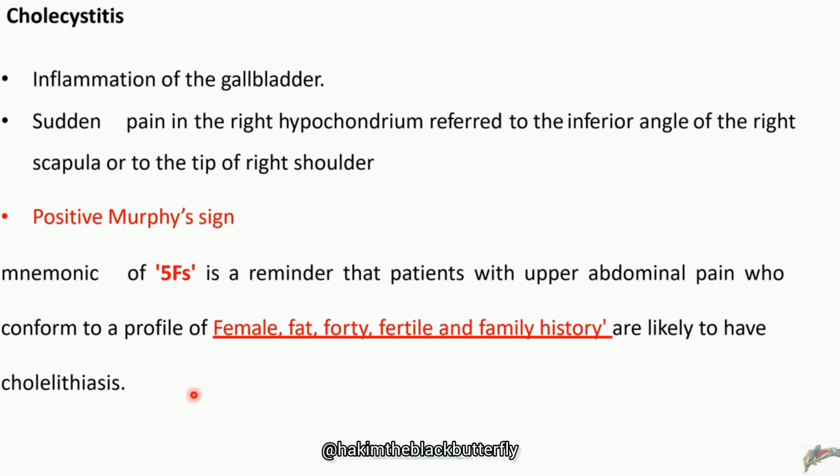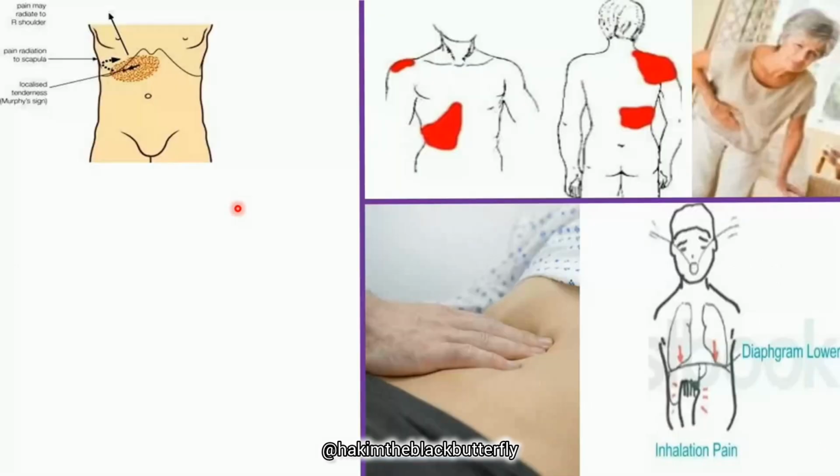Clinically, there is what we call the positive Murphy sign. This is the sign that's seen in patients with gallbladder disease, cholecystitis or cholelithiasis. We know that whenever you breathe in, your diaphragm extends downwards, and that makes your liver and gallbladder move slightly downwards.